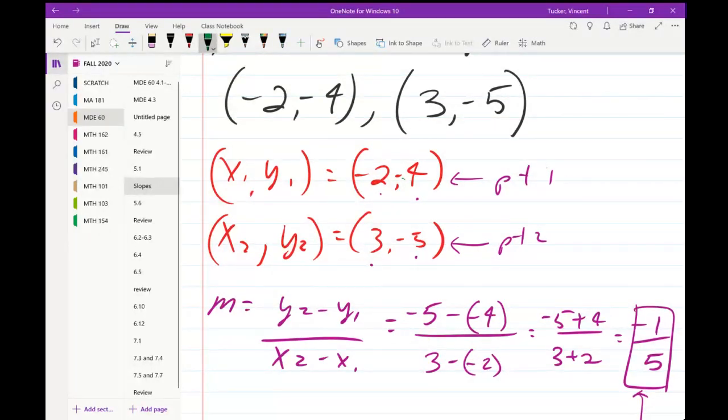Then you have x2, which is 3, over x1, which is -2. So you have a negative to a negative in both cases. So that just means that they're going to turn positive for you. This is what happened in this step. So we have -5 plus 4, 3 plus 2. That'll be a -1 over 5.